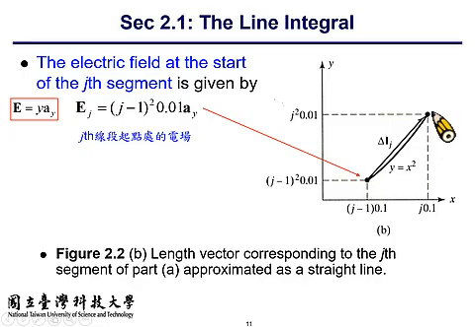So in every section, the dL is approximated as a straight line like this arrowhead. In fact, this is part of the parabolic line, so this is not a straight line. But in this short distance, it can be approximated as a straight line.